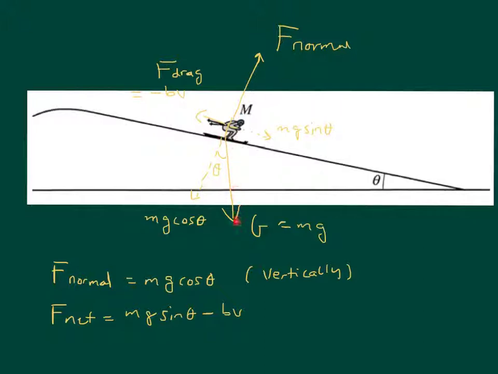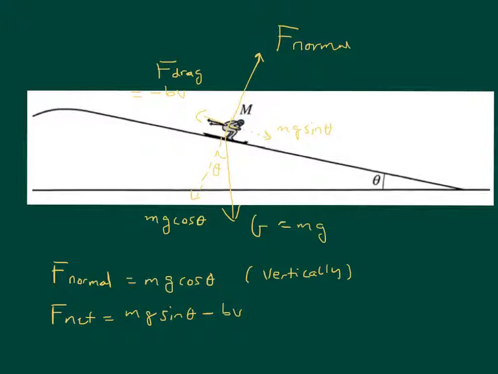We have the weight G equals mg, and F normal force, which is perpendicular to the ramp, and the drag force, which is in the opposite direction of the motion of the cart.